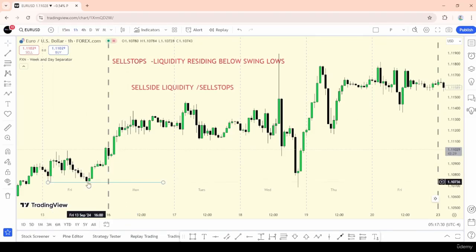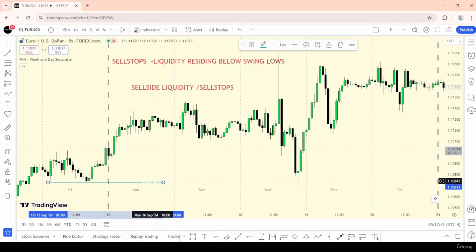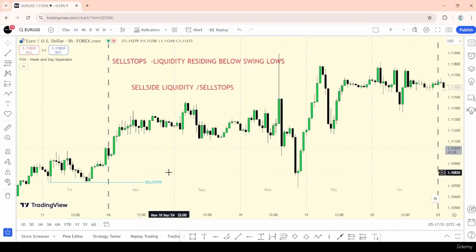We only need to see the market run, even with just one pip. So that will be sell stops or sell side liquidity being run. So this is the first example, as I was saying. We are going to outline it as sell stops. That is the first example.